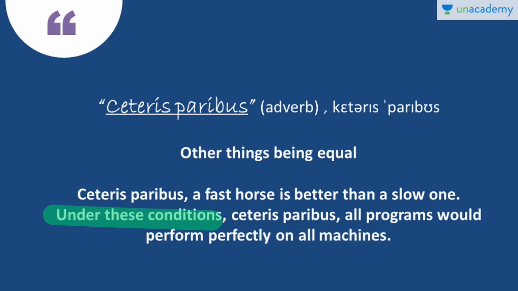Under these conditions, I'm saying Ceteris paribus, that means other things being equal. If I am missing any condition, then I am assuming that all those missing conditions will be equal for both cases, or for all the cases. So I am saying under these conditions and other things being equal, all programs would perform perfectly on all machines.